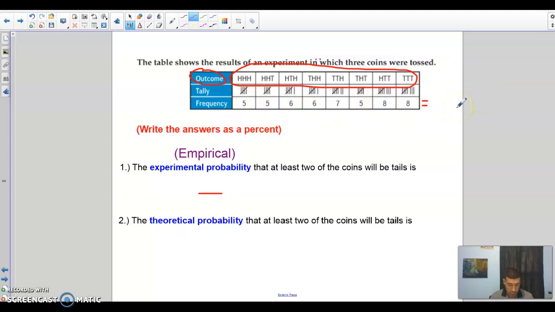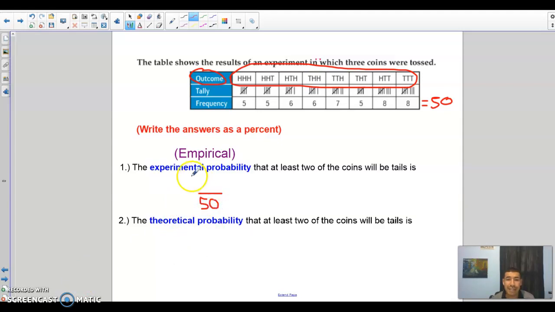So I would add 5 plus 5 plus 6 plus 6 plus 7 plus 5 plus 8 plus 8, and my total is 50. Okay, class? So the total number is 50. So there were 50 trials. That means that you tossed those coins 50 times. Because 50 is my total, then 50 will go on my denominator.